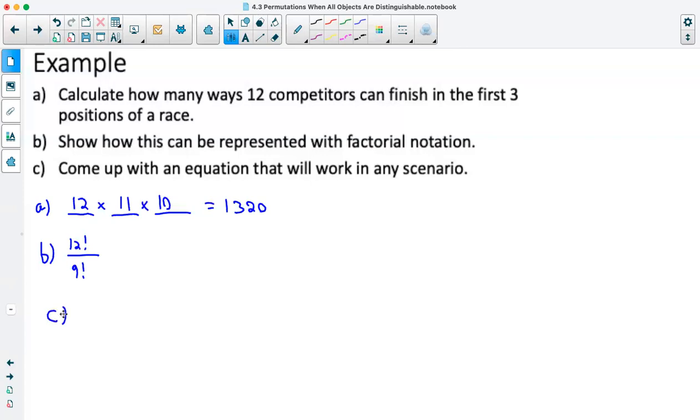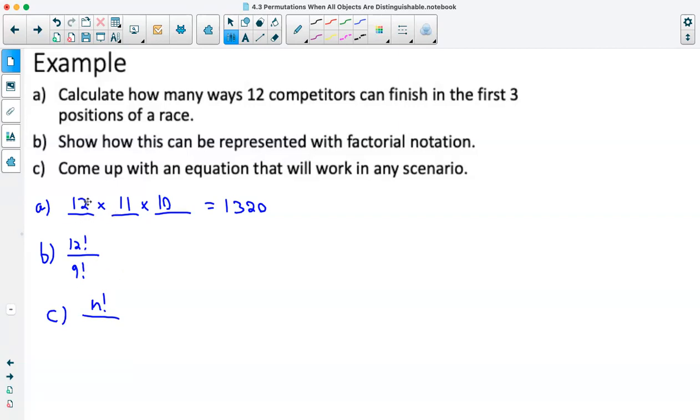Part C is we want to come up with an equation for this. In the past, we've been using essentially just n factorial for what's in our numerator, so we'll continue with that. Now, we have to think about how we figured out what this number was.